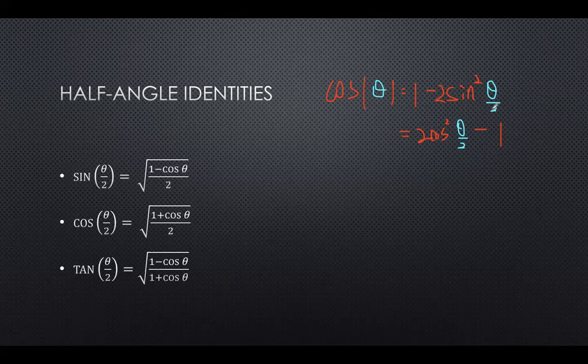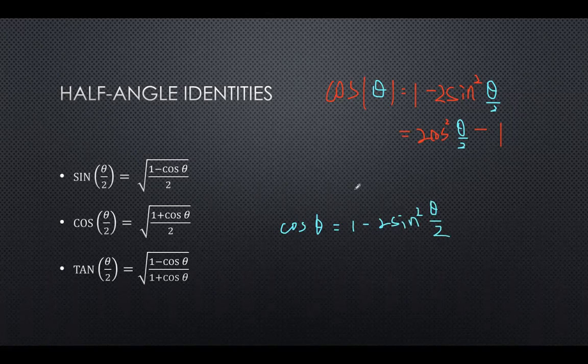So if we want the half angle for sine, then we solve for sine of theta over 2 with the cosine. Basically you have cosine of theta equals 1 minus 2 sine square of theta over 2.